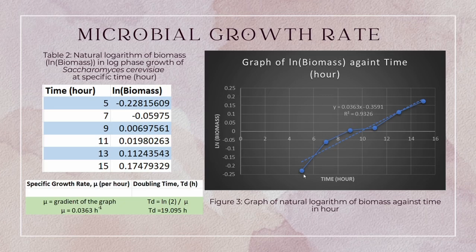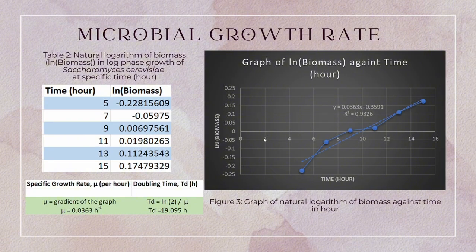By plotting this graph, we obtain a positive linear equation, automatically generated from the Microsoft Excel application. y equals 0.0363x minus 0.3591 with a very high R squared value, R squared equals 0.9326, and this shows that the results obtained are reliable.